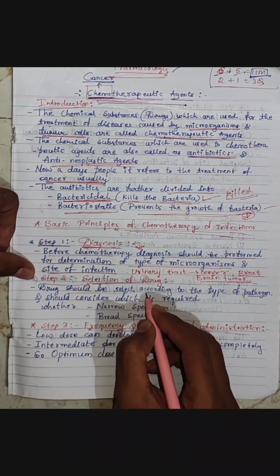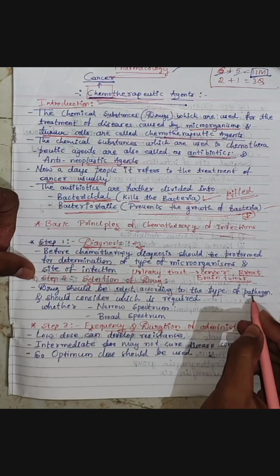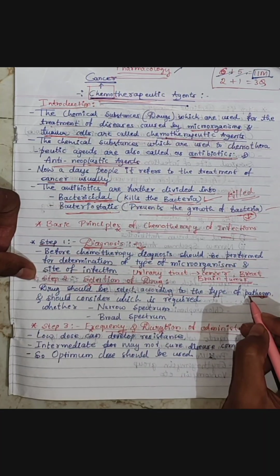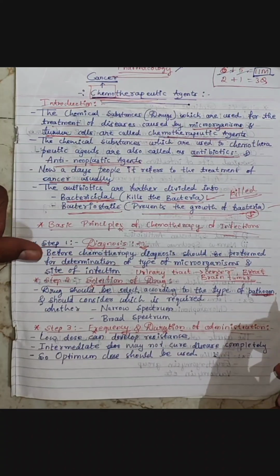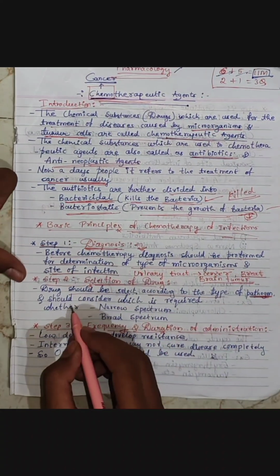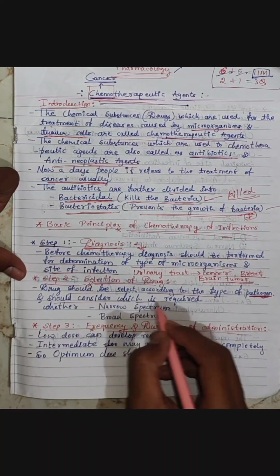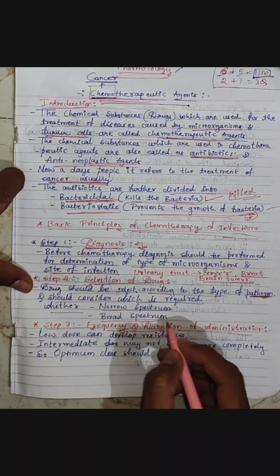Next, step 2, selection of a drug. Drugs should be selected according to the type of the pathogen, meaning how the disease occurs, and we should consider which is required, whether narrow spectrum or broad spectrum.